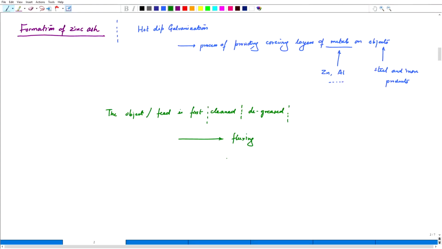followed by dipping in molten bath. This helps in the formation of a protective layer of zinc.